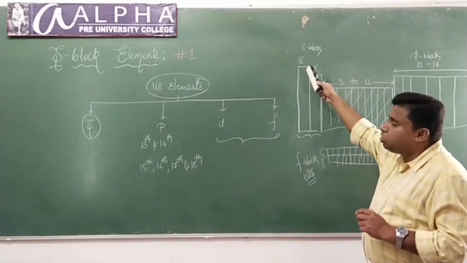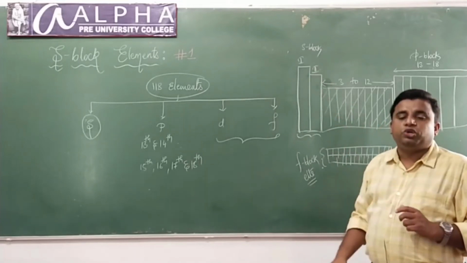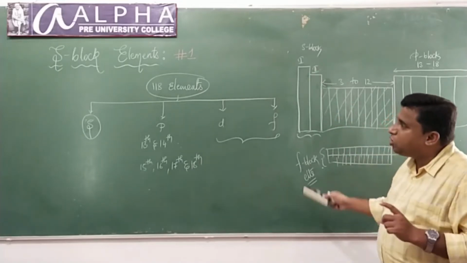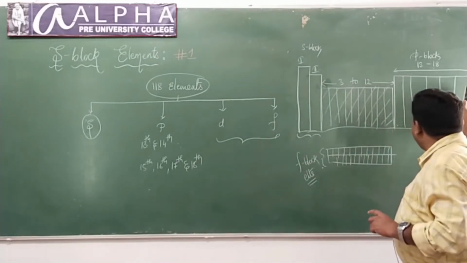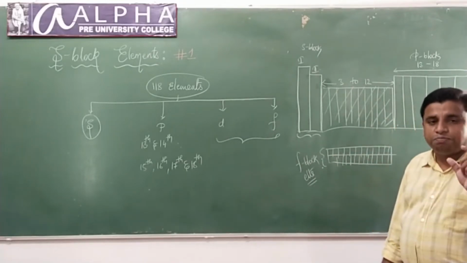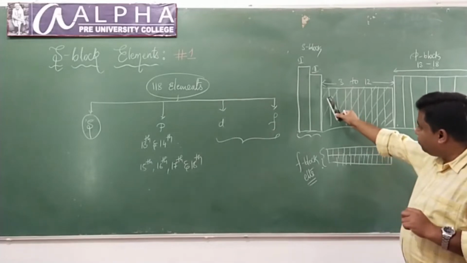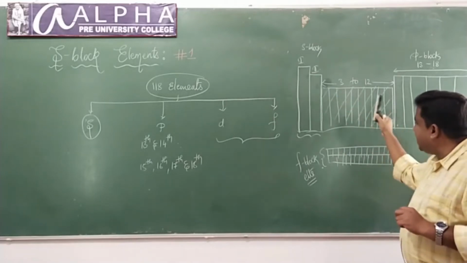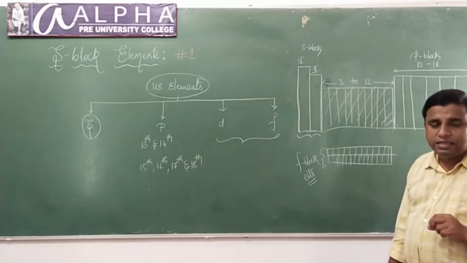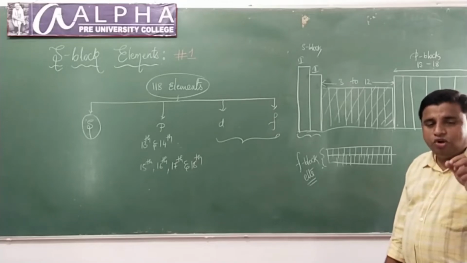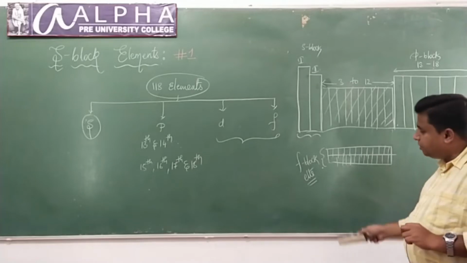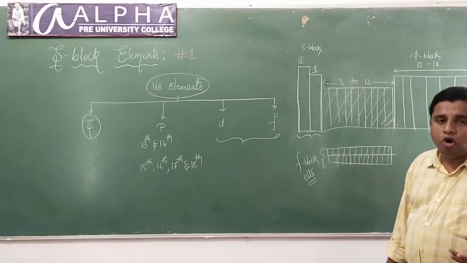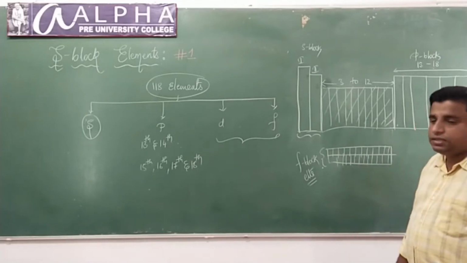Group 1 elements and group 2 elements are together called S block elements. Group 13 to group 18 are called P block elements. Group 3 to group 12 are called D block elements, and the two sets of 14 elements each placed at the bottom of the periodic table are called F block elements, isn't it?